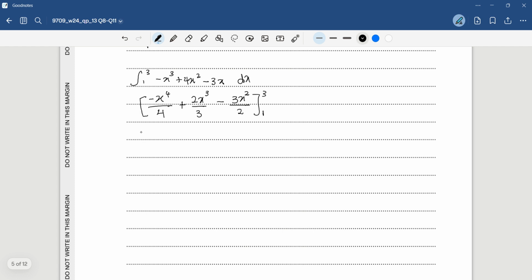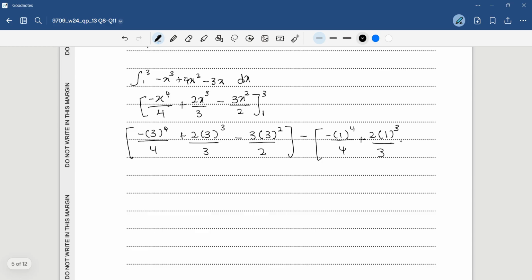So sub in: negative 3⁴ over 4 plus 4 times 3³ over 3 minus 3 times 3² over 2, minus negative 1⁴ over 4 plus 4 times 1³ over 3 minus 3 times 1² over 2.